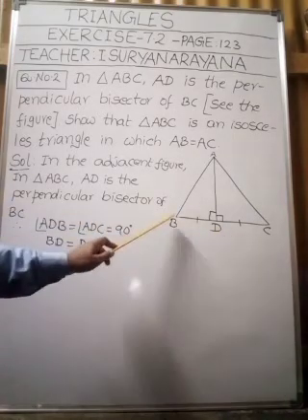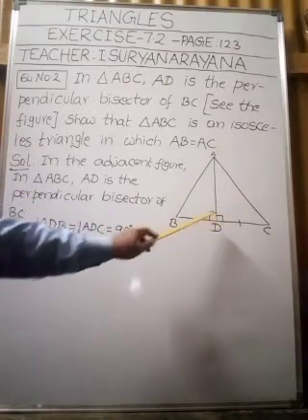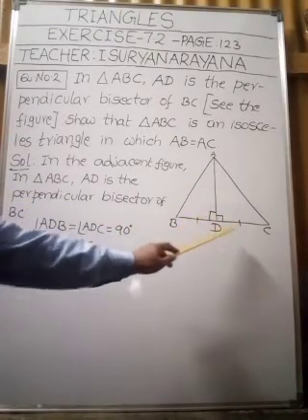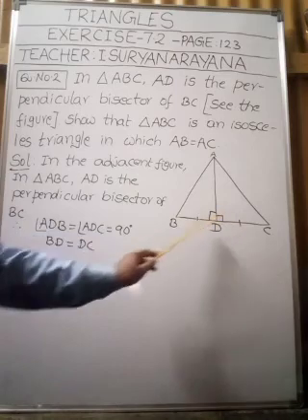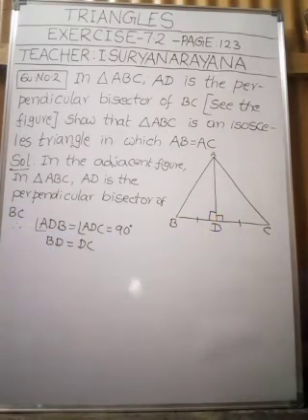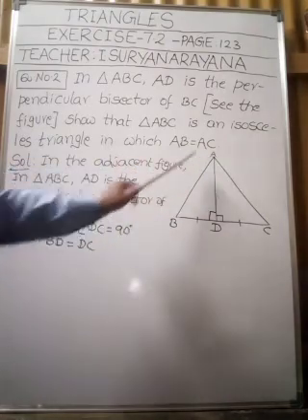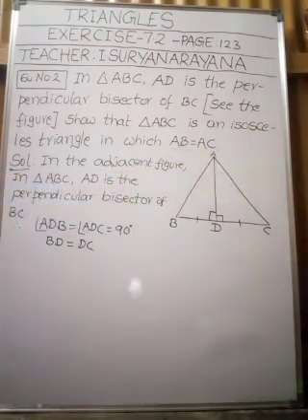Isn't it or not, my children? This line AD is dividing this line segment BC into two equal parts, means BD is equal to DC. Now we have to prove that AB is equal to AC.